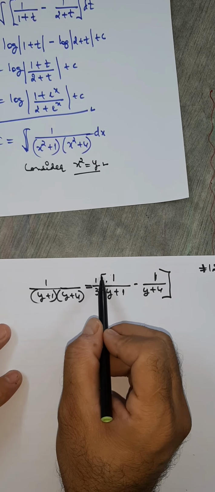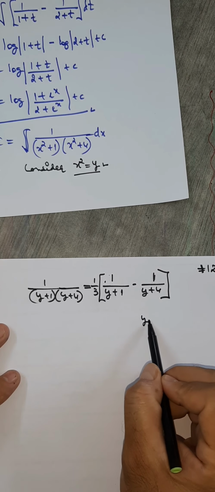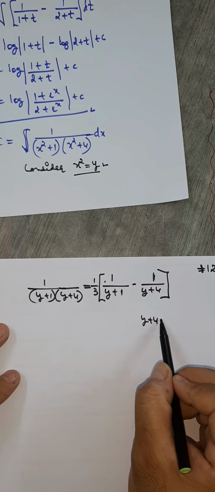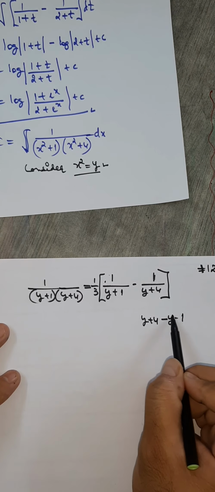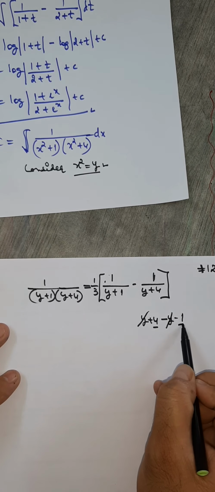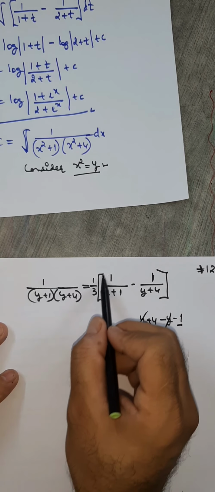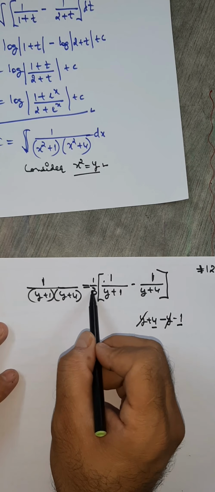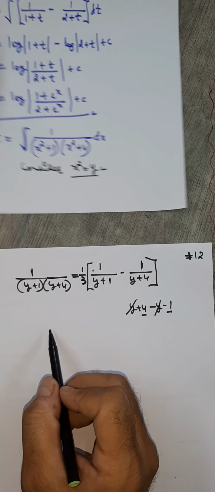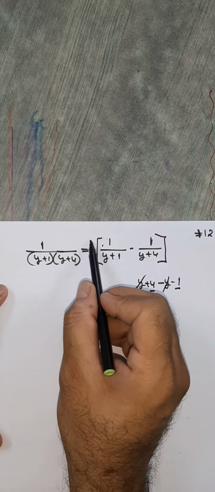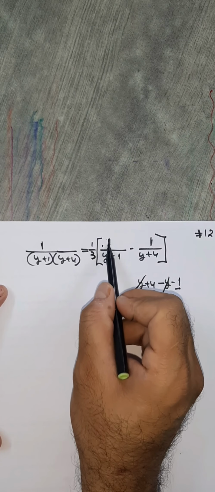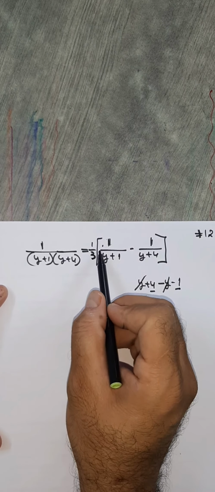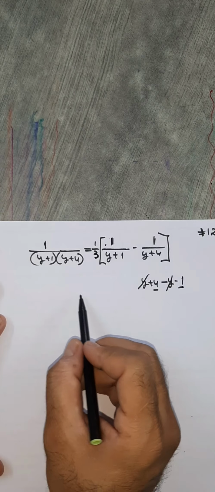I did it directly. I'll show it. See, do the cross multiplication, so we'll get y plus 4. Do the cross multiplication, minus y minus 1. This will get cancelled. 4 minus 1, which is 3. Extra, you need 1 here, so I place 1 by 3. If you do it by the partial fraction method, your a will be 1 by 3 here and b will be minus 1 by 3. You can just check it.